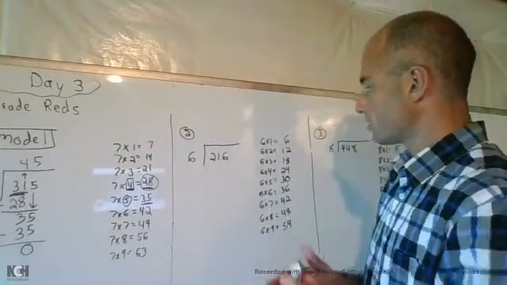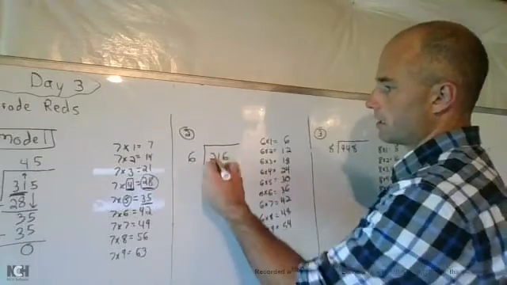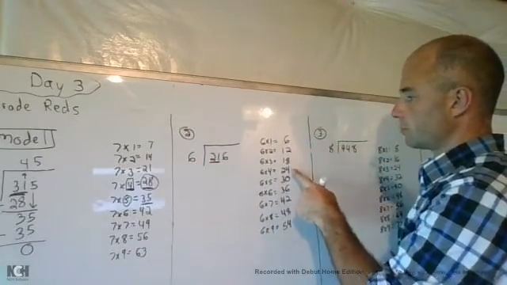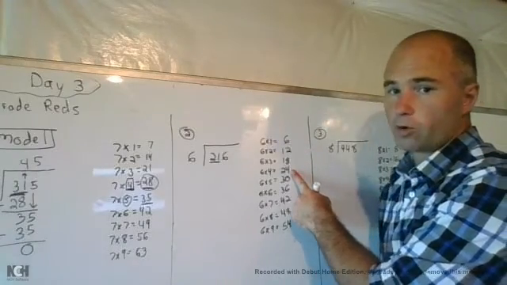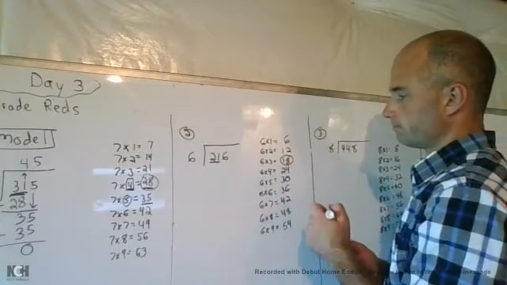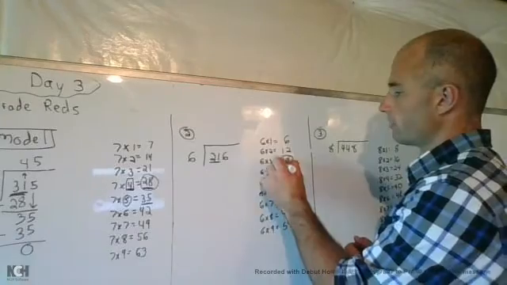So for starters, I'm going to look at my multiplication facts to find out how many 6s can go into 21. Well, I see 6, 12, 18, 24. 24 is more than 21, so I can't use that. So I'm going to use the 18. How many 6s does it take to get me to 18? 3 of them.